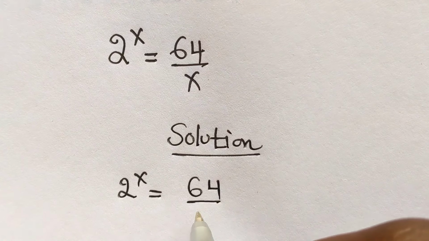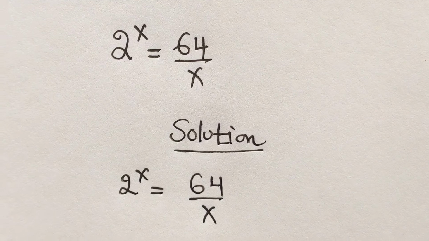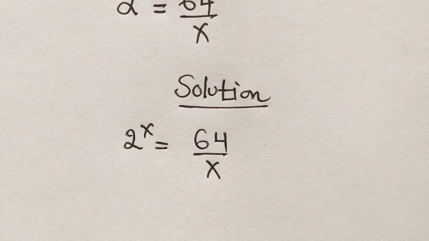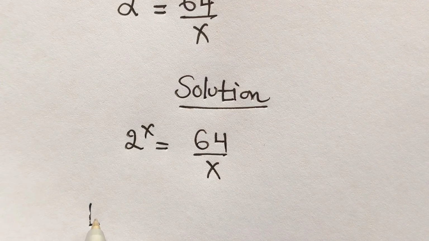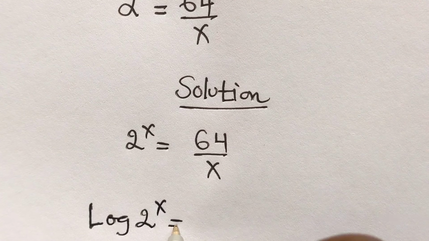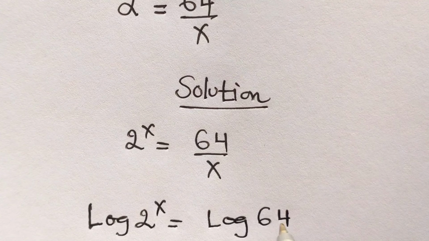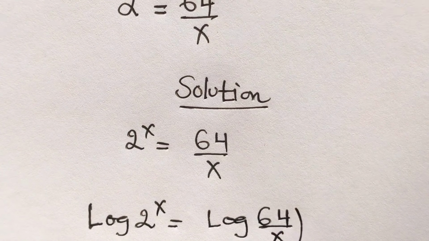64 over x. And of course, we are going to apply logarithm on both sides, where the logarithm of 2^x will be the logarithm of 64 over x.